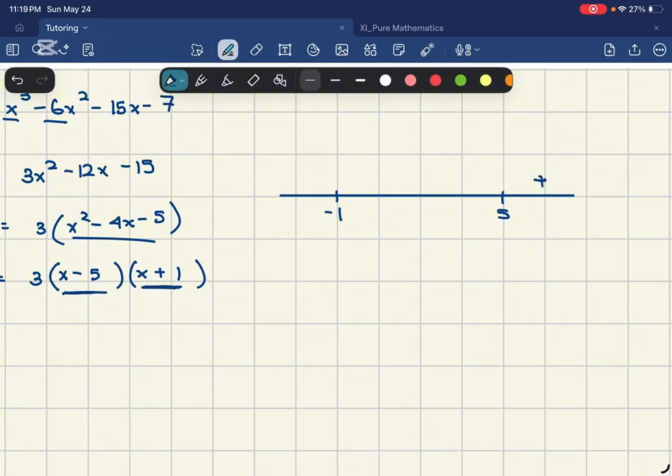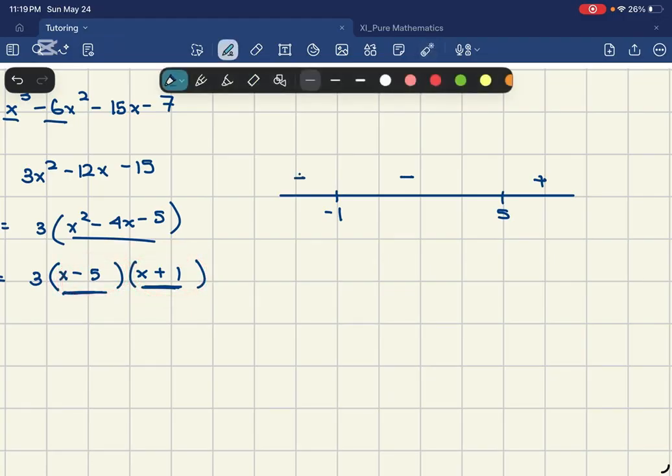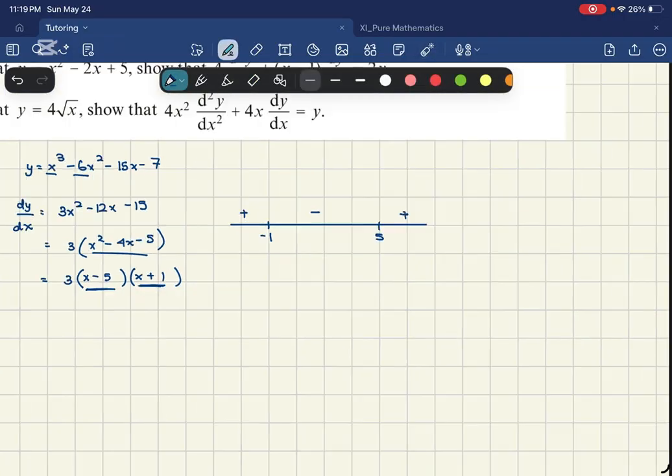So overall, everything is going to be positive. If it's less than 5, but bigger than negative 1, then this is going to be negative, but this is going to be positive. So negative times positive is going to give me negative. If it's less than negative 1, then this is obviously going to be negative, right? This is going to be negative, and this is also going to be negative. So negative times negative is going to give me positive.